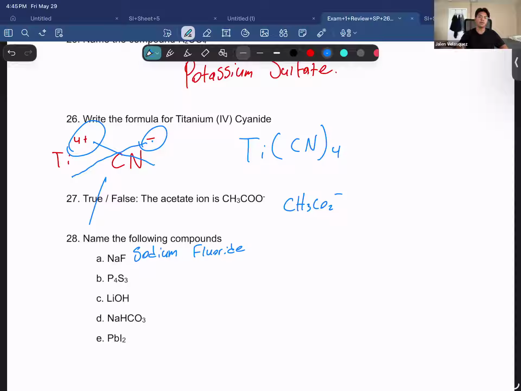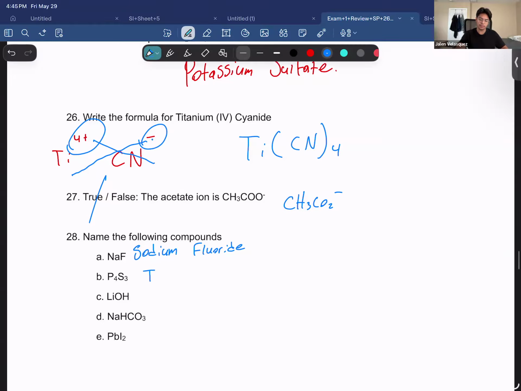P4S3 is a covalent compound, so we have to use those numerical prefixes. So P4S3 is tetraphosphorus trisulfide. LiOH is lithium hydroxide.